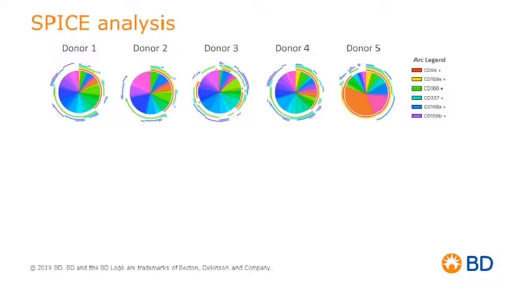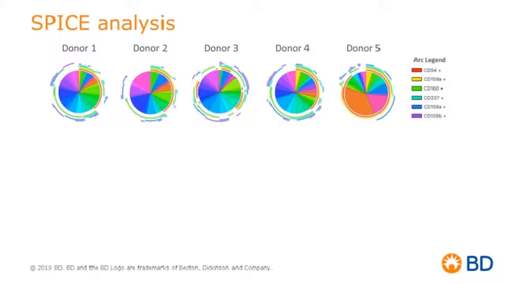But if you look next to that arc around 8 o'clock in the chart, you can see that those NK cells now express both the purple and green arc. So that means cells express CD160, but also CD158B, and so forth.